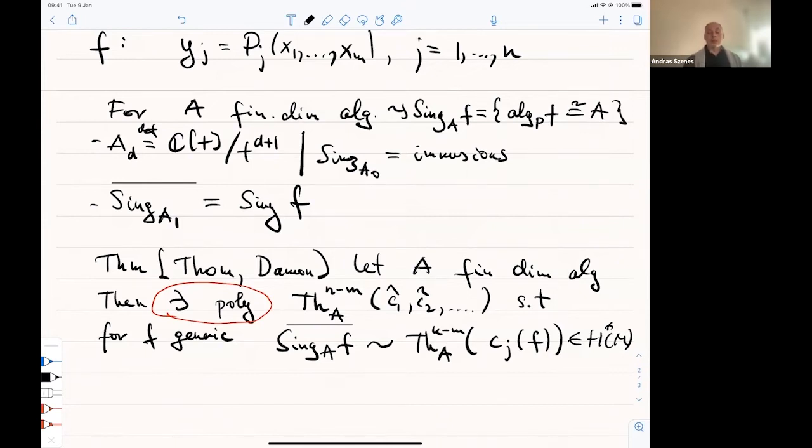Thom started his work on this in the 50s, and then during the 60s and 70s there were several results calculating these polynomials for certain algebras or for certain types of singularities. But really, this progress stopped very, very quickly. So let me just describe the first, maybe the only really impressive result from the 70s.